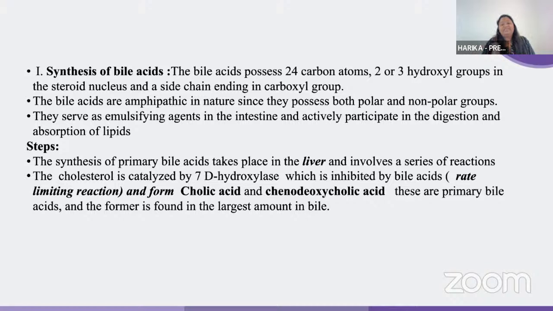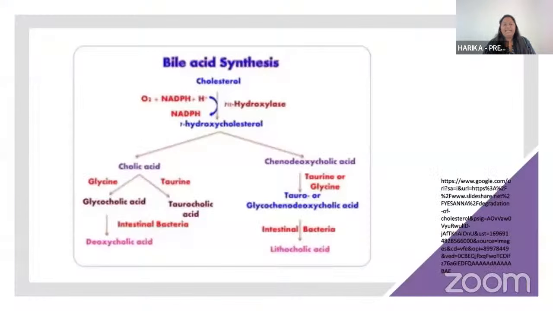Bile acids inhibit this enzyme, so we call it the rate limiting reaction. Cholesterol in the presence of this enzyme forms two components, cholic acid and chenodeoxycholic acid. These are primary bile acids, found in large amounts in bile.